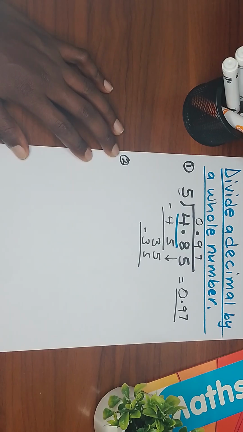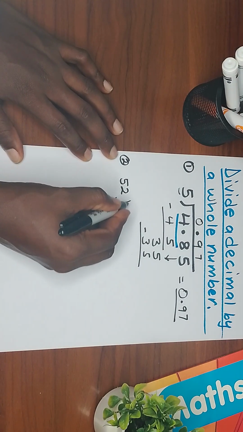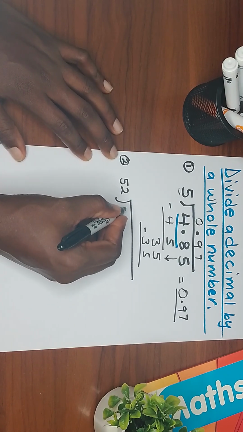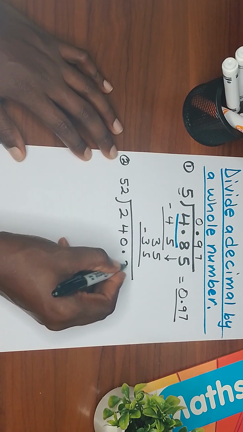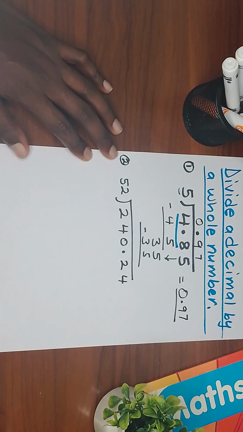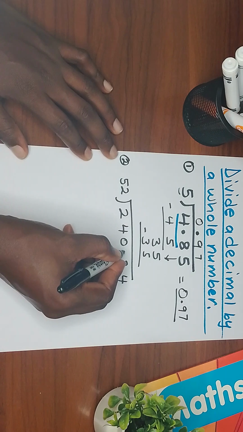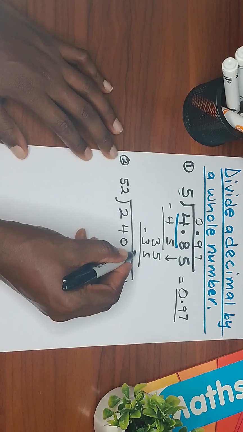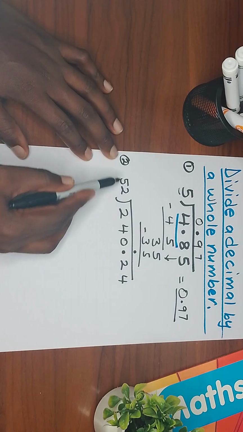Now, in this example, we are going to be dealing with 2 digits in the divisor. Now, as we are dividing these numbers, we remember the concept we said. The first thing is to put the decimal in the answer, and then the next thing is to see if the divisor is a whole number.